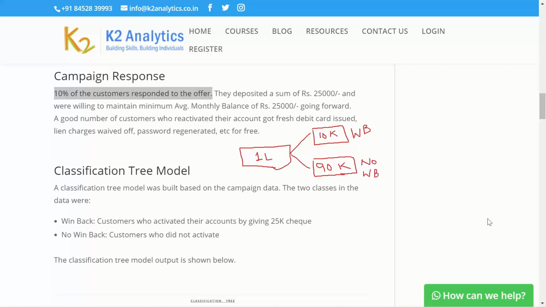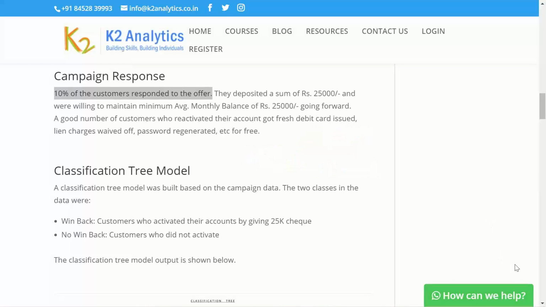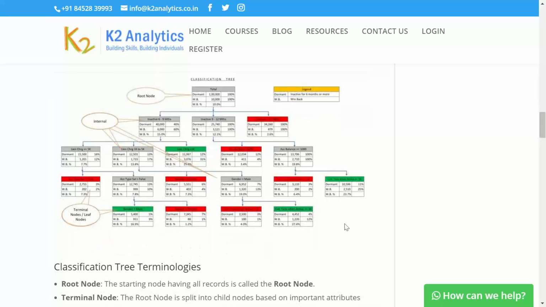The classification technique was applied, and the output of the classification tree is as shown in the diagram here. So this is an application of the classification tree technique. We'll now explore and understand this classification tree output in detail.